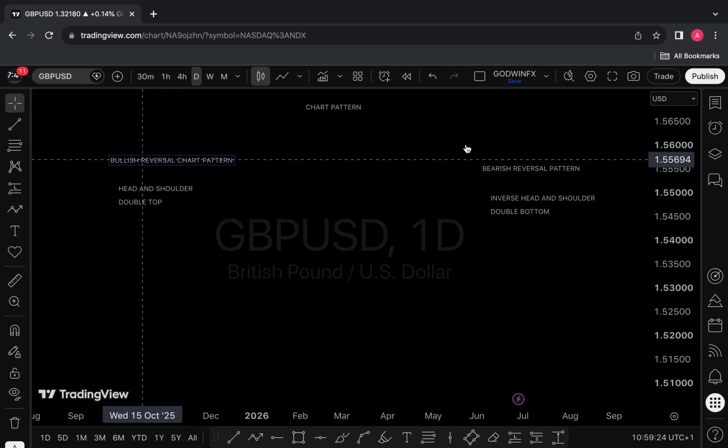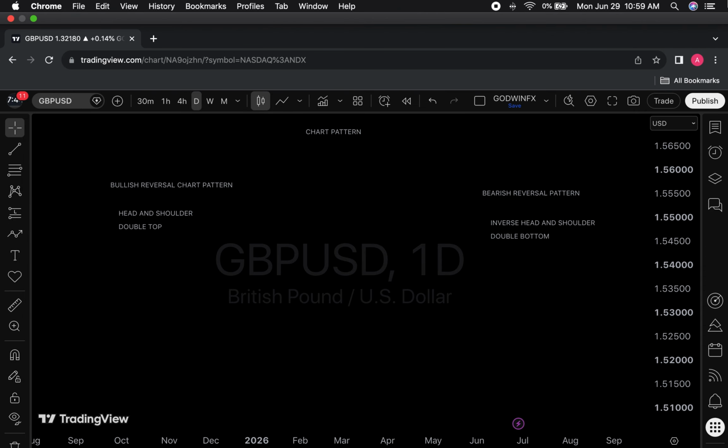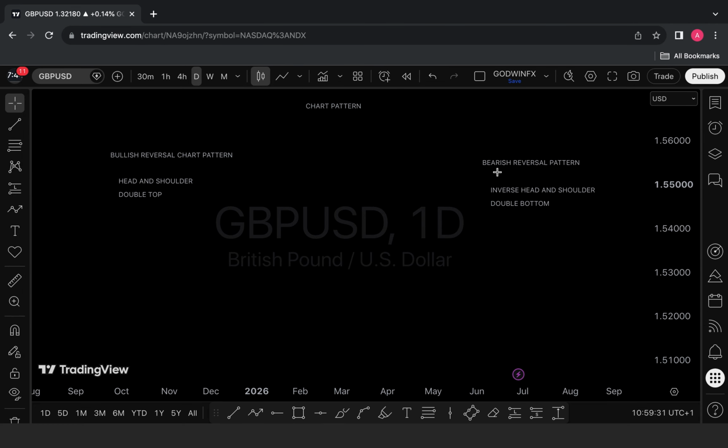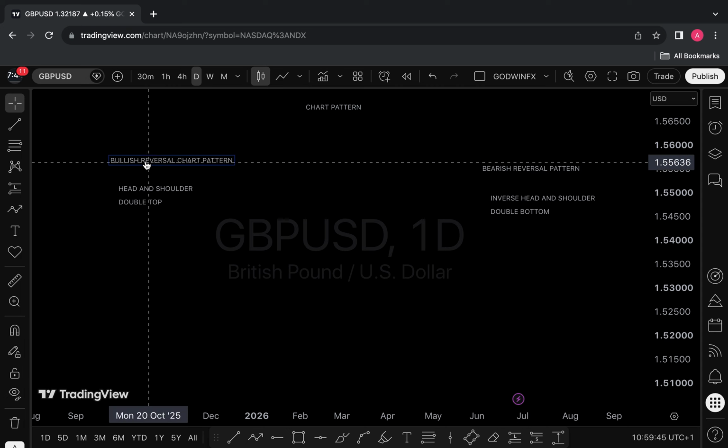Bearish reversal patterns reverse a bearish trend, that is a downtrend. So a bearish reversal pattern reverses a downtrend to an uptrend, and a bullish reversal pattern reverses an uptrend to a downtrend.